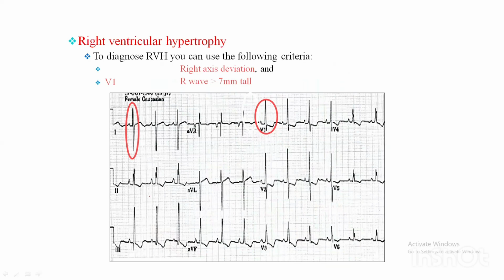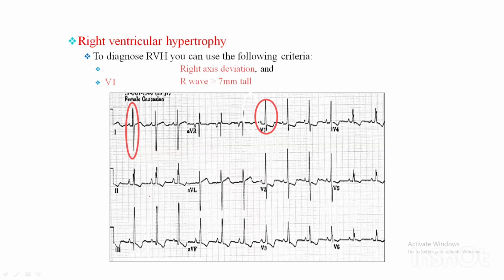You can see in aVF it is positive, and in lead 1 it is more negative, so it is right axis deviation, and in V1 the R wave is more than 7 millimeter tall. So it is right ventricular hypertrophy.